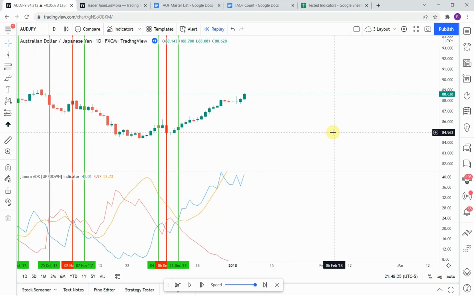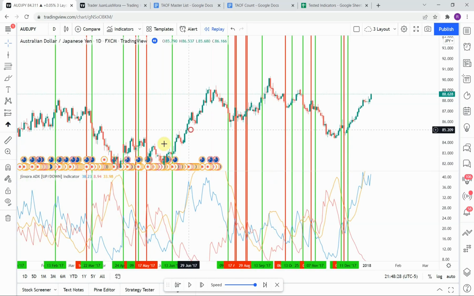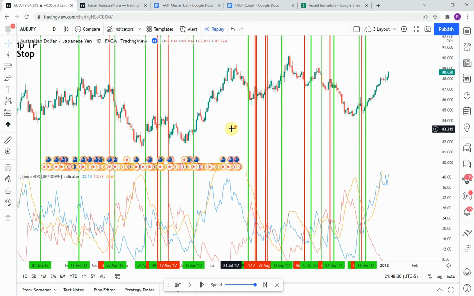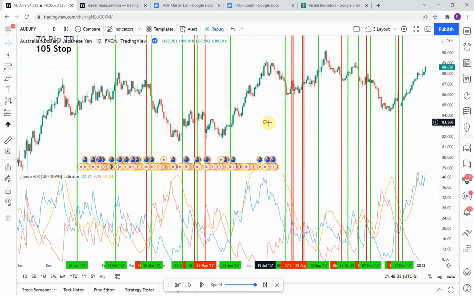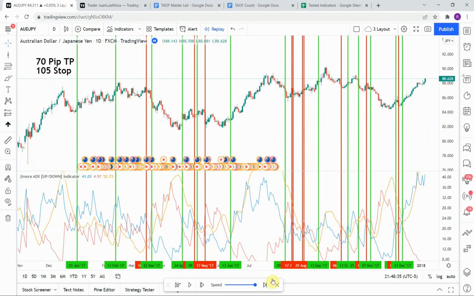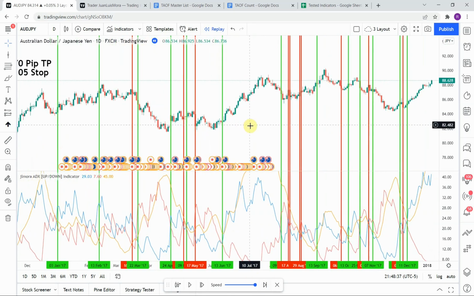All right, let's go ahead and take a look at our indicator here. Get everything in focus. There and there. All right, let's go ahead and count these out and see what we get out of it. So we have 1, 2, 3, 4, 5, 6, 7, 8, 9, 10, 11, 12, 13, 14, 15, 16, 17, 18, 19, 20, 21, 22, and 23.